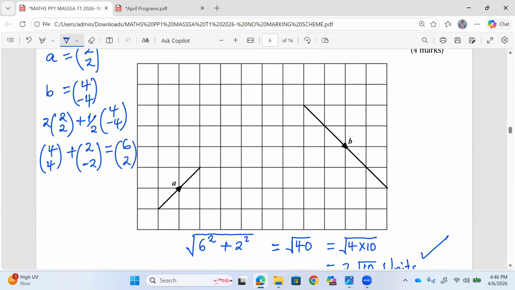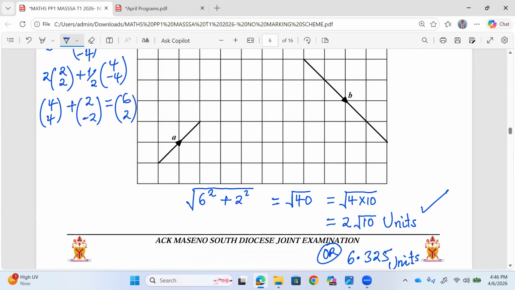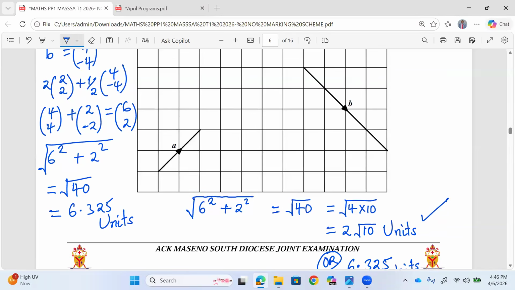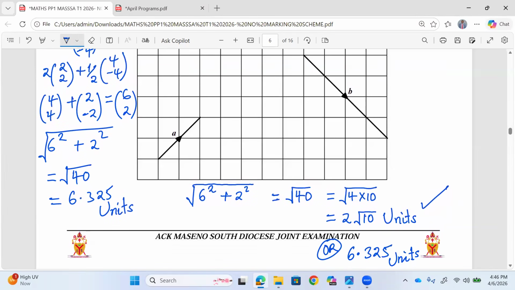So at the end of the day, we are having 6, 2. Then to find magnitude, we need 6 squared plus 2 squared, then the square root. And we'll find ourselves at the square root of 40, whereby we'll get 6.325 units. So this question can be done in that particular alternative approach.